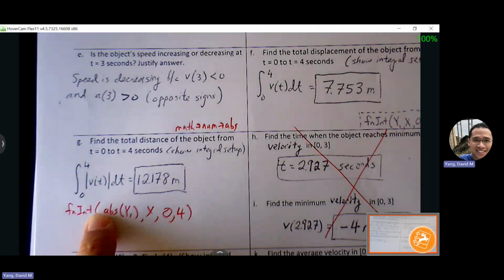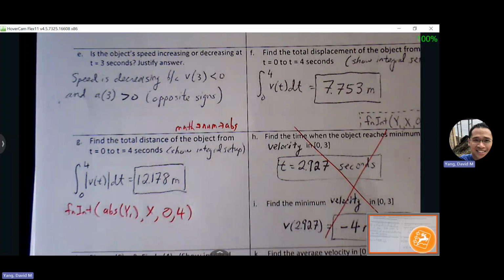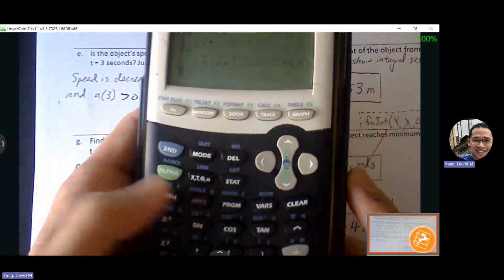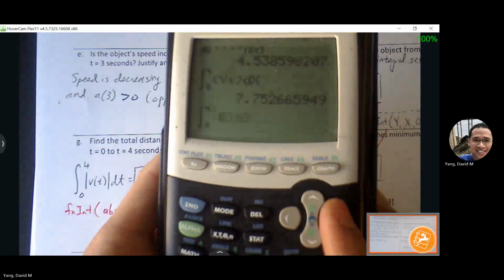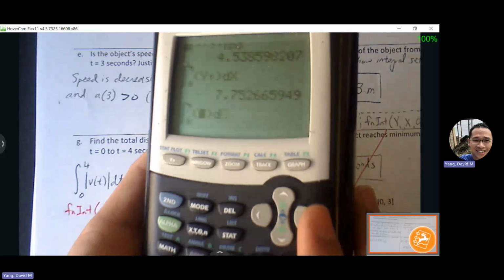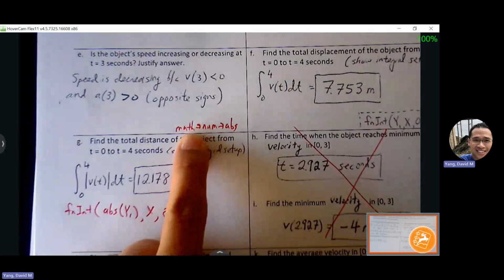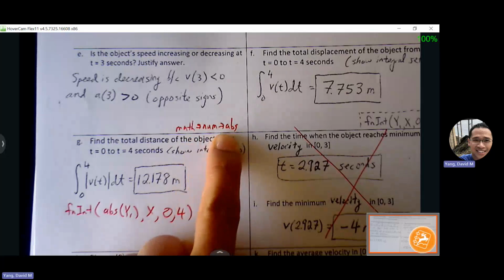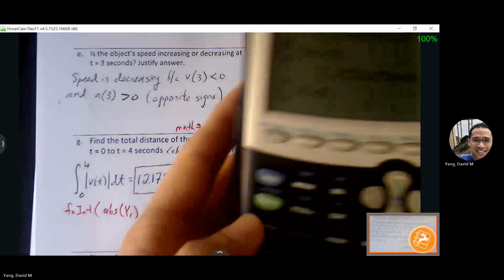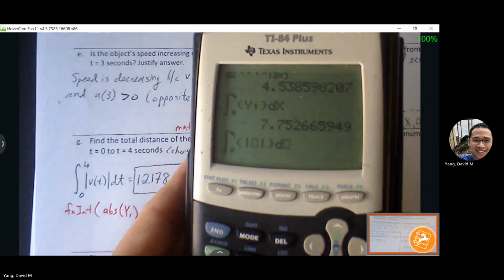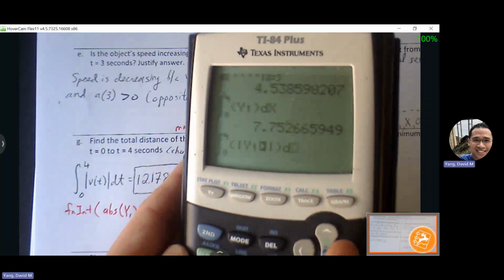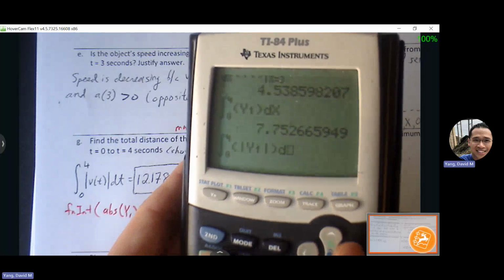So you're going to do math 9. You'll just go from 0 to 4. And then you'll get that absolute value feature to show up. So you're going to do math, number, ABS. Put in that y1 inside the absolute value and then dx.